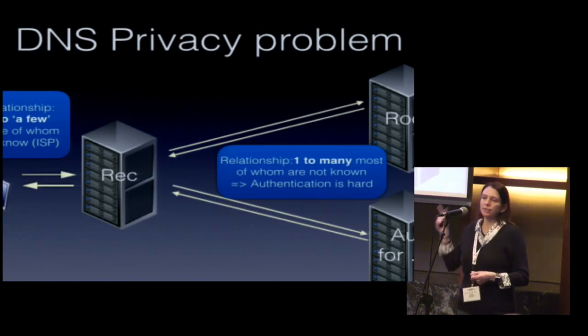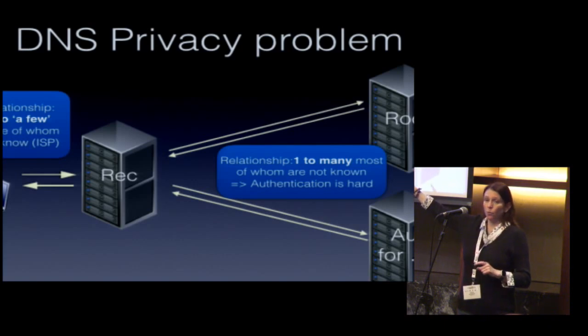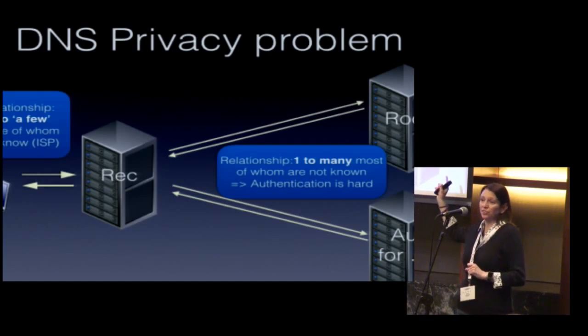Whereas if you're a recursive server, your job is to talk to all and any authoritative servers that you need to in order to resolve a name that you have been asked for. And many of those you may never, ever have talked to before. So that makes authenticating the one to many unknowns difficult. So think of this a little bit like your phone contacts compared to your Twitter followers. Who do you know best?